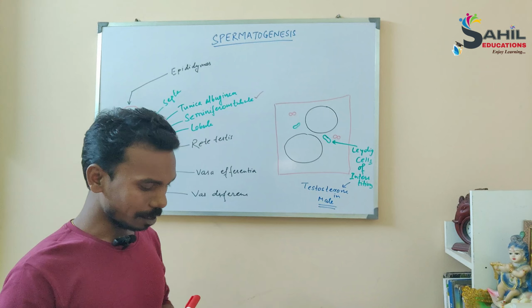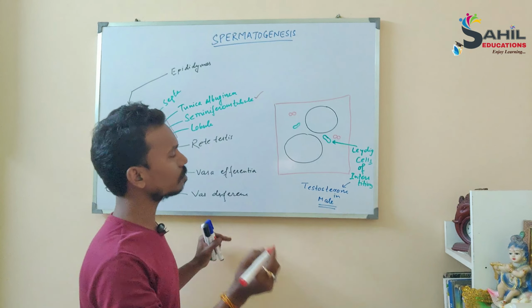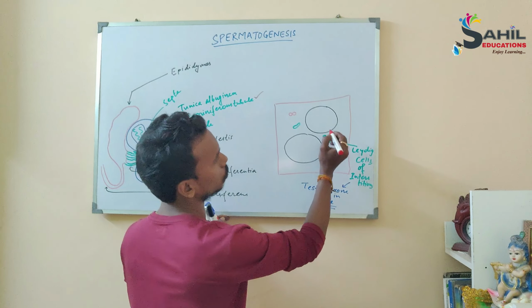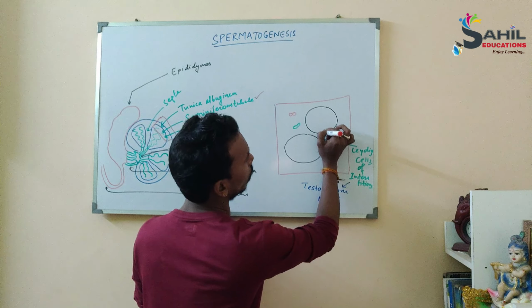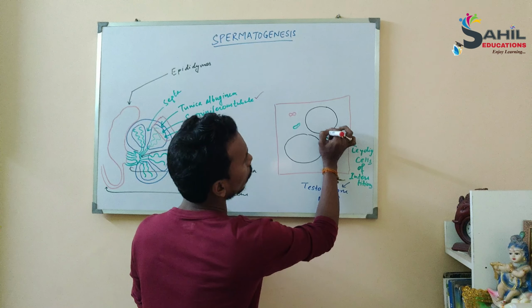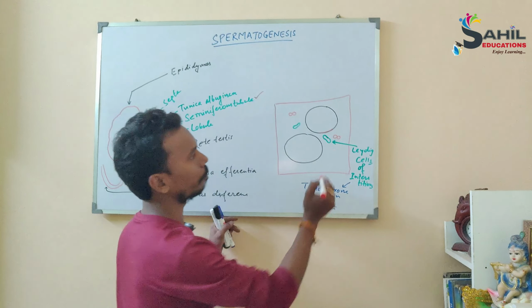When we study the cross-sectional structure of the seminiferous tubule, you will firstly find a basal membrane-like structure.